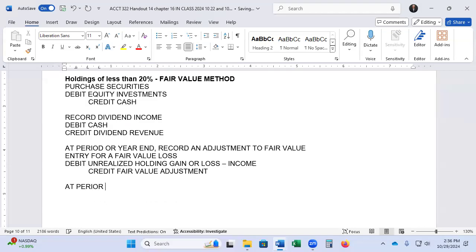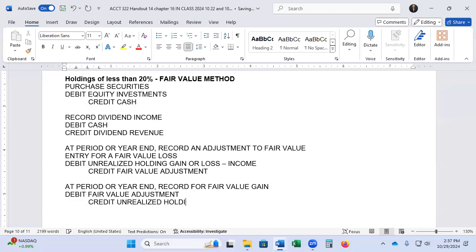At period or year end, record an adjustment for fair value gain. Debit fair value adjustment. And credit unrealized holding gain or loss, income.